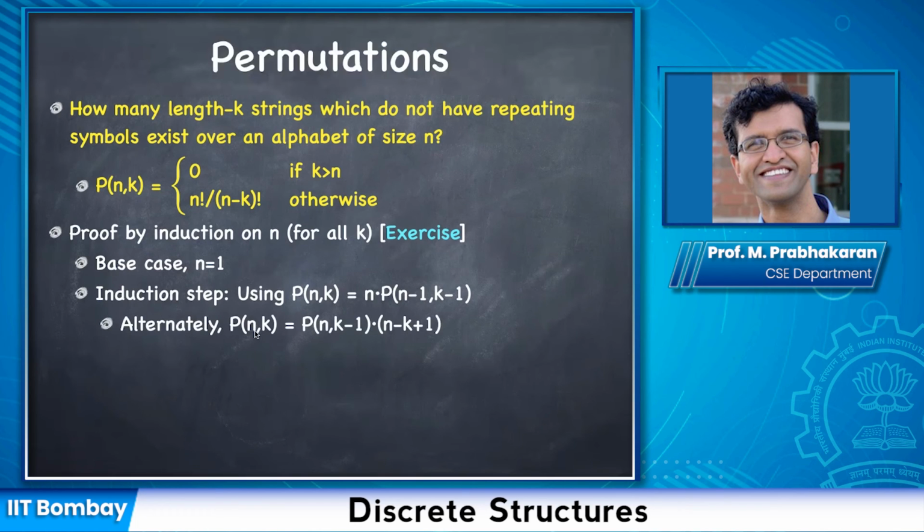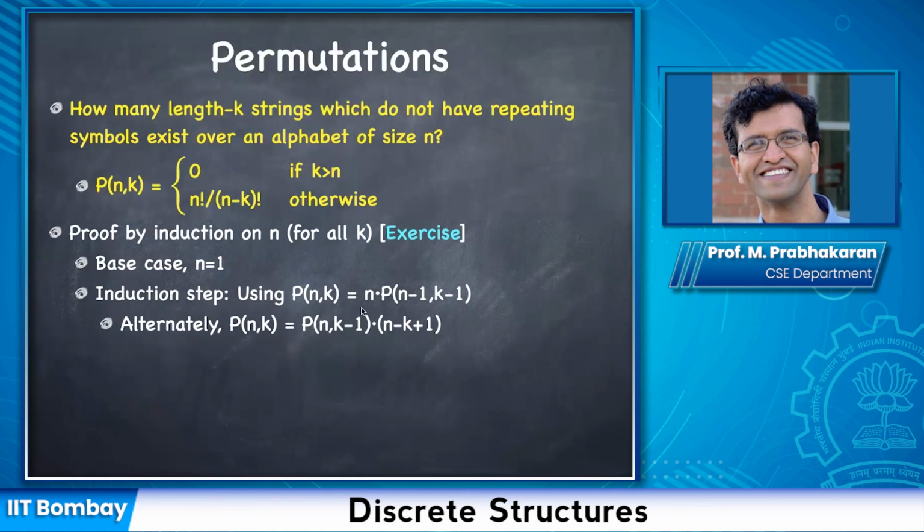You could also do this induction in a slightly different way. You could think of any length k string as first a length k minus 1 string, but you pick that first out of the full alphabet. So you can do that in P(n, k minus 1) ways, because you have all n characters from the alphabet to pick from.